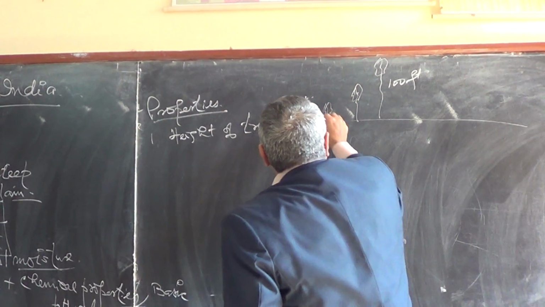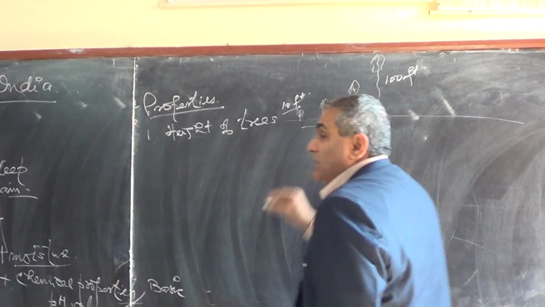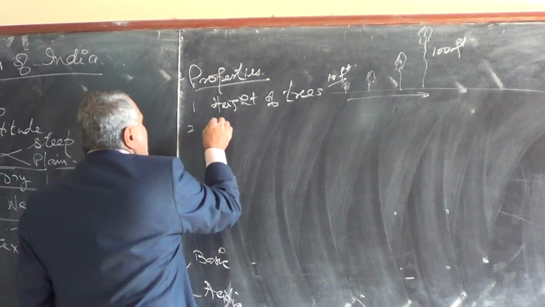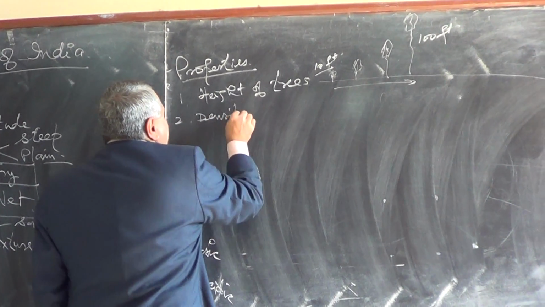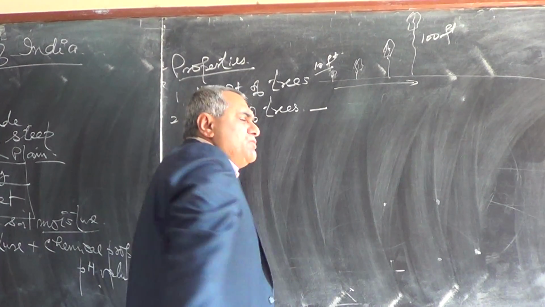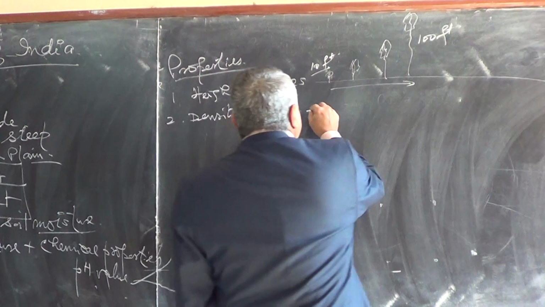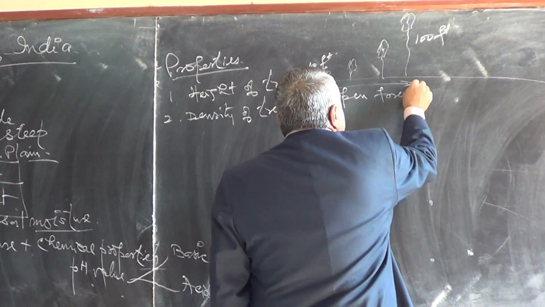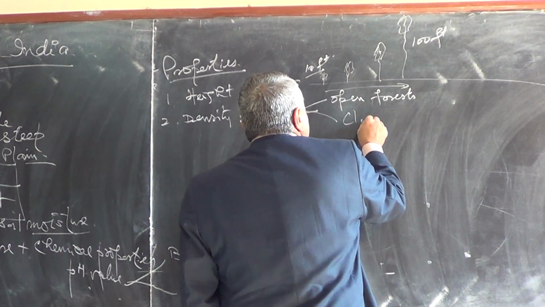So the range is 10 feet to 100 feet height is varying. Then apart from that, density of vegetation, density of trees. On the basis of this, we divide open forests, we used to say open forests and the closed forests.